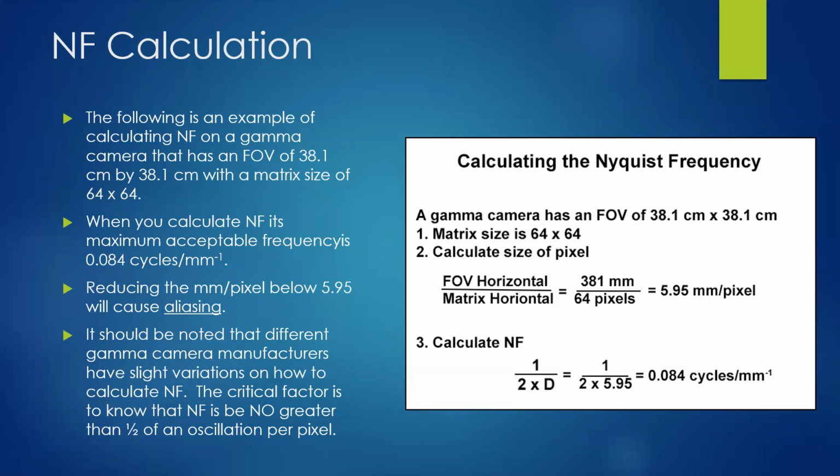It's not going to always be represented as cycles per millimeter to the -1. So based on whatever GE is doing, or Siemens or Philips, you need to find out how they define Nyquist frequency. But again, what I have here, to me anyway, is the simplest form of defining maximum Nyquist frequency in cycles per millimeter raised to the -1.